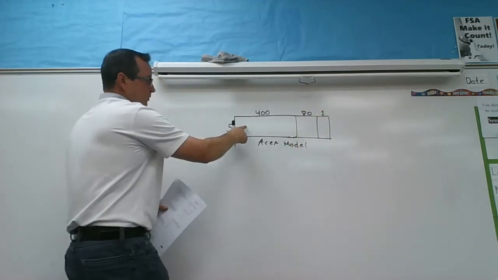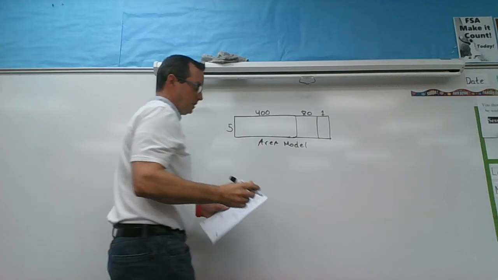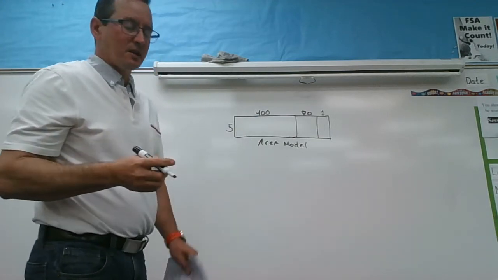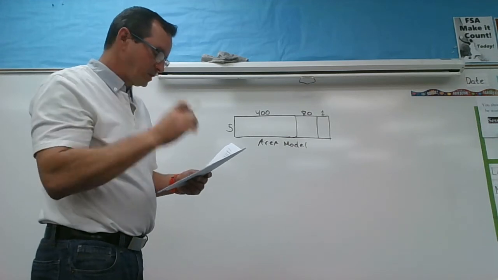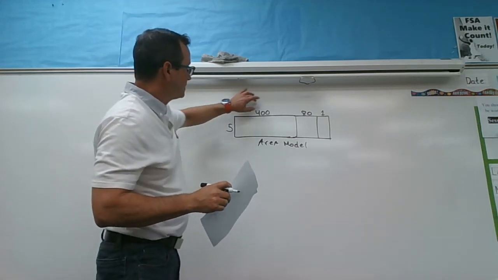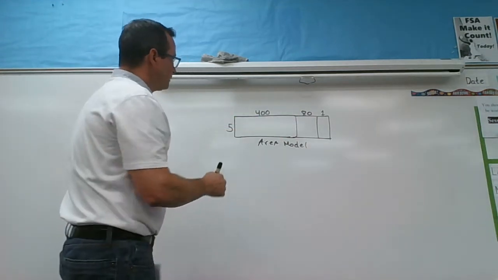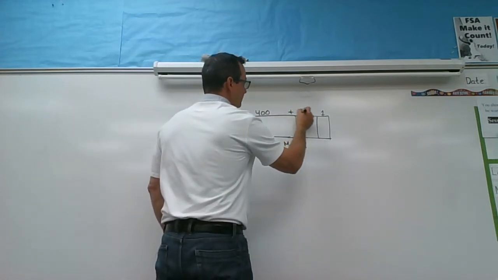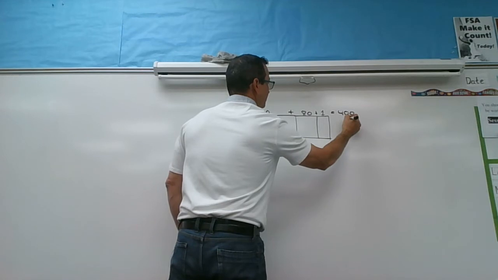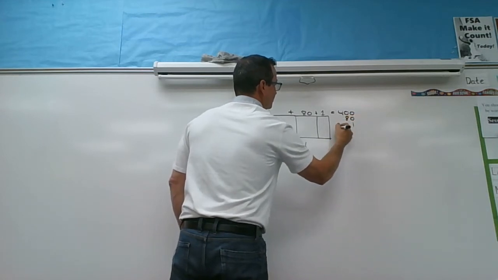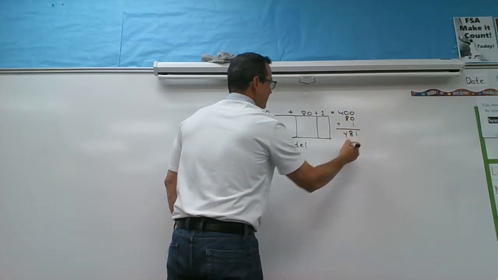But if you notice, we don't have any numbers here. And what they want to know is which equation represents this area model breakdown. So if we add these 3 numbers together, we have 400 plus 80 plus 1 is 481.